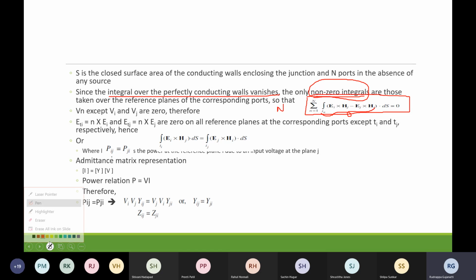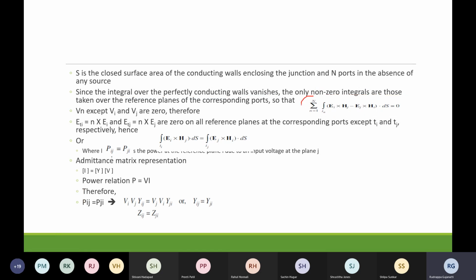So the equation for the Lorentz reciprocity theorem turns out to be the summation from n equal to 1 to n, that is for all the n ports, and it turns out to be 0 when we take the overall summation.